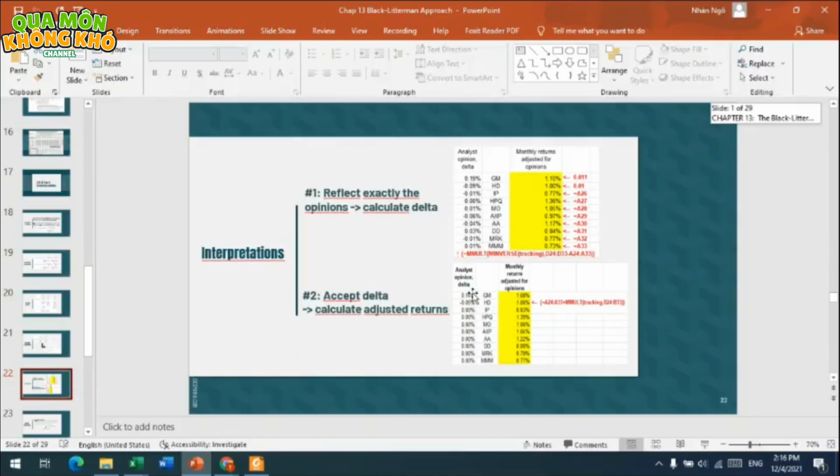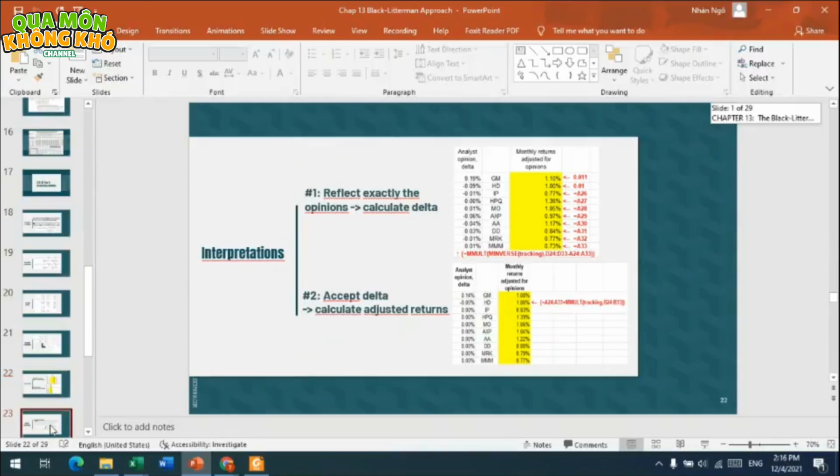So here we can see the delta of GM is 1.14%, and the delta of HD is minus 1.05%. Then we will also apply the formula, and we use the delta to calculate the adjusted return. These two interpretations are quite conflicting, and it's too difficult to know which is right or wrong, suitable or not.